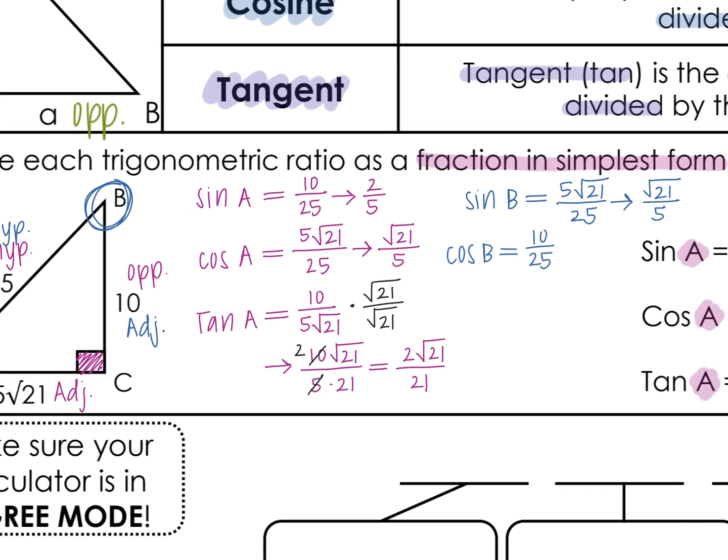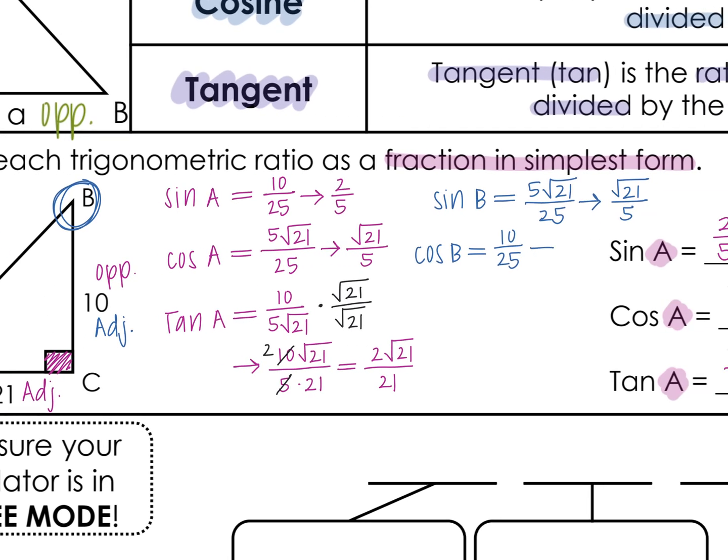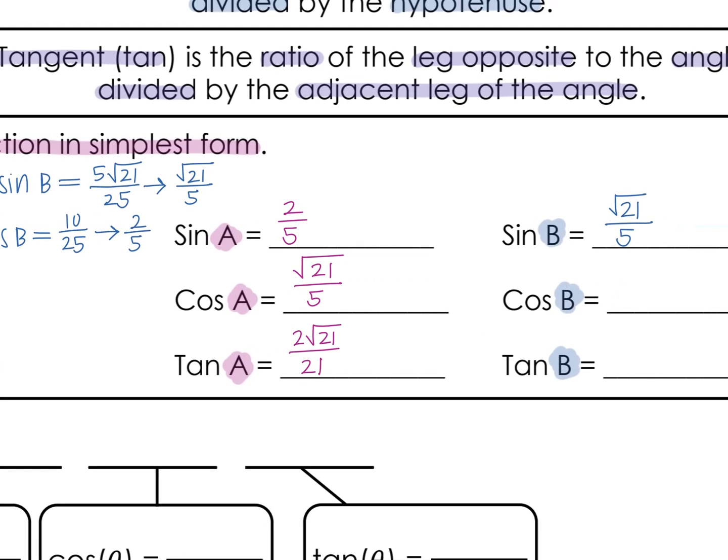So 10 over 25 will reduce to that same 2/5 that we got for our sine of angle A. Okay, so if you hadn't noticed yet, our sine of angle A should be the same as my cosine of angle B, and my cosine of angle A should be the same as my sine of angle B.